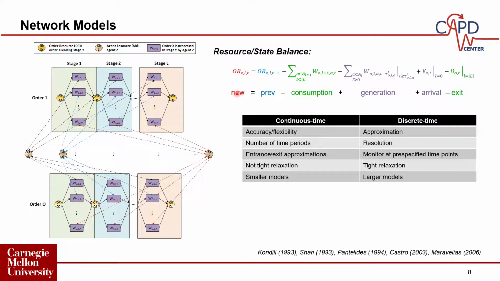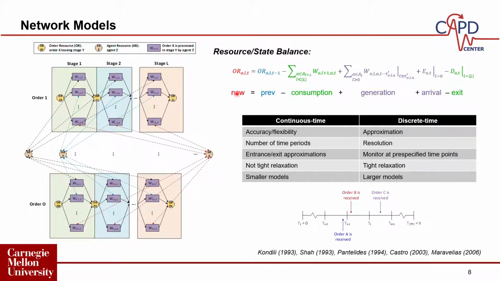Now, some trade-offs between continuous and discrete time models: the continuous time models are more accurate, they're more flexible. You do need to, however, identify the number of time periods when you're working with continuous time network models, and that can be tricky at times.